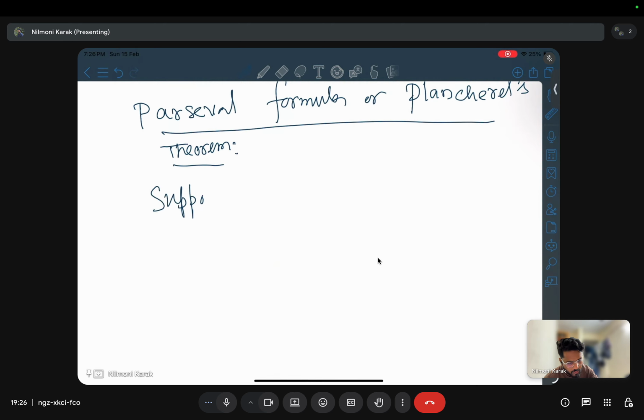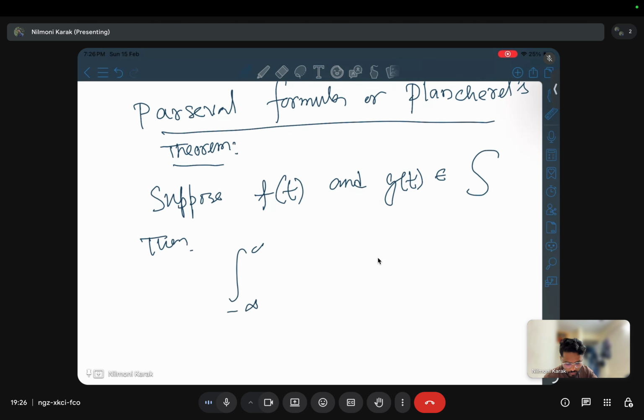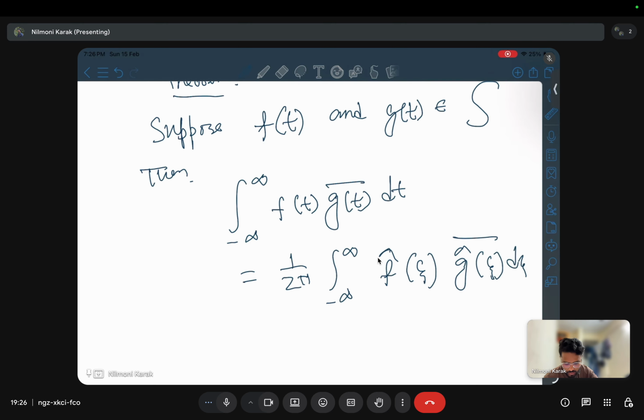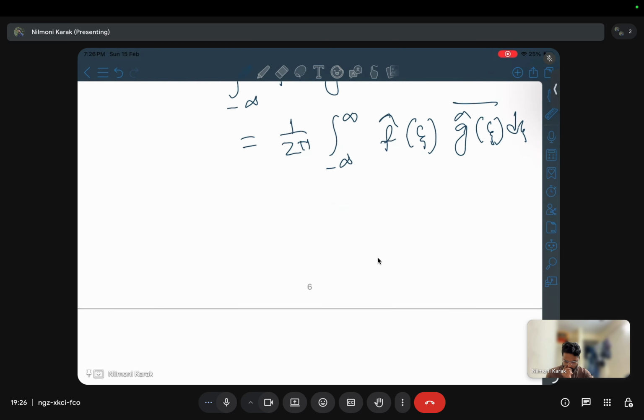Suppose f(t) and g(t) are in S, then the integral over R of f(t) g(t) bar dt equals 1 by 2 pi times the integral over R of f hat(xi) g hat(xi) bar dxi.